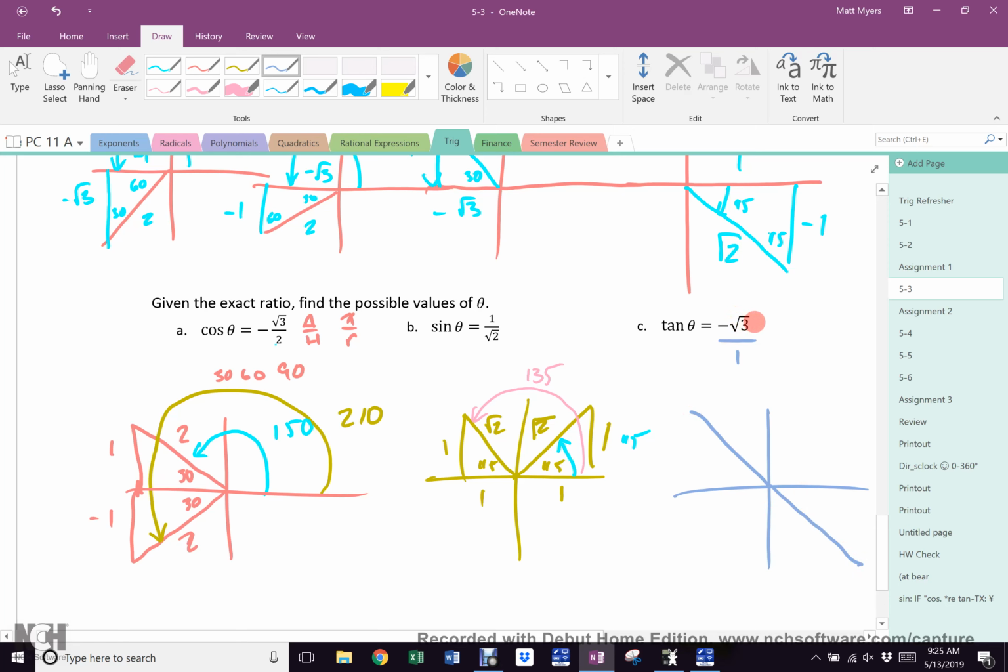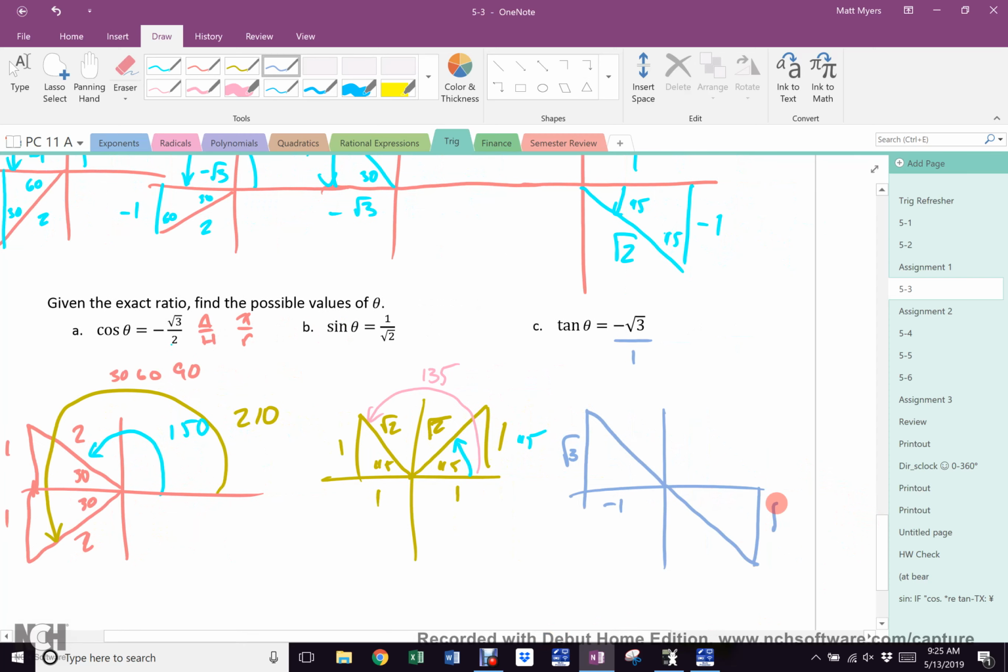Tan is what? Y over x. So root 3 is the y. So here, the y would be positive. The x must be the negative. Down here, the root 3 is the negative. So the x must be positive. And what is the hypotenuse in both cases? 2, even though it doesn't really matter, does it?